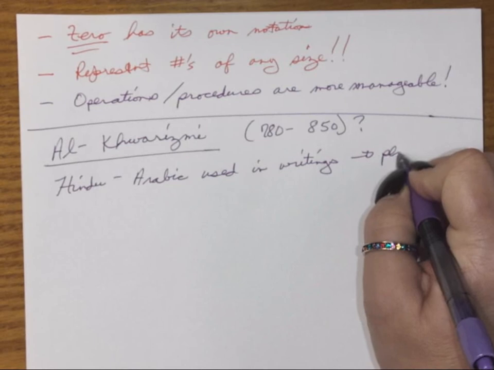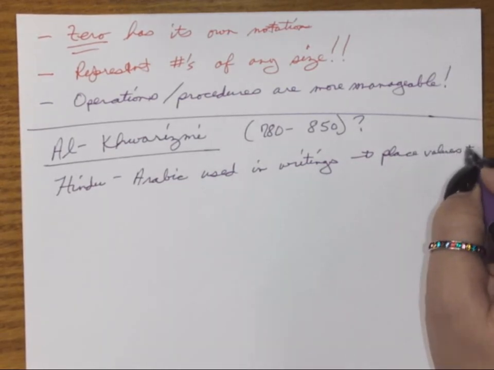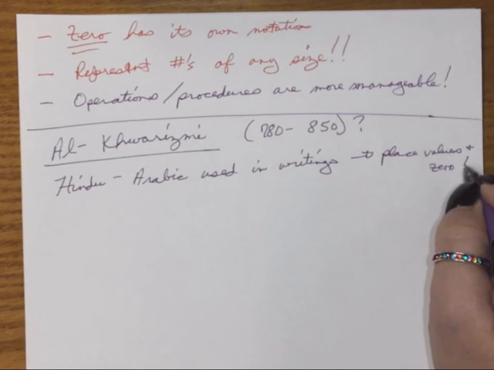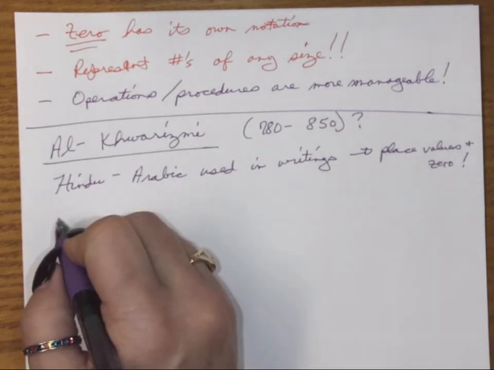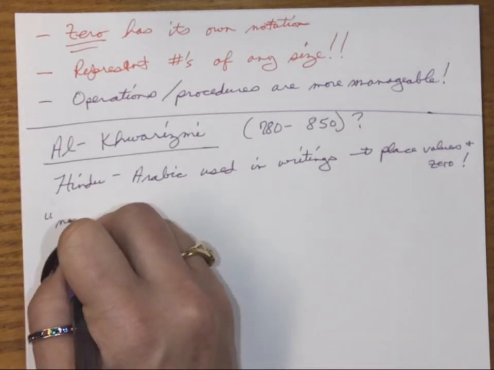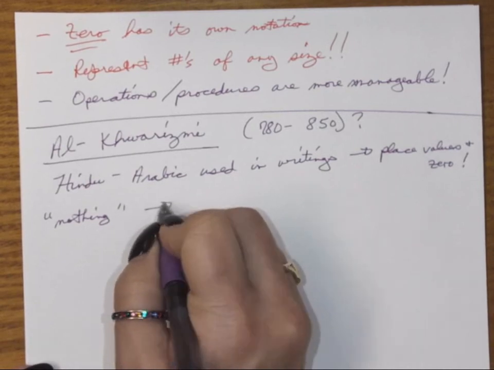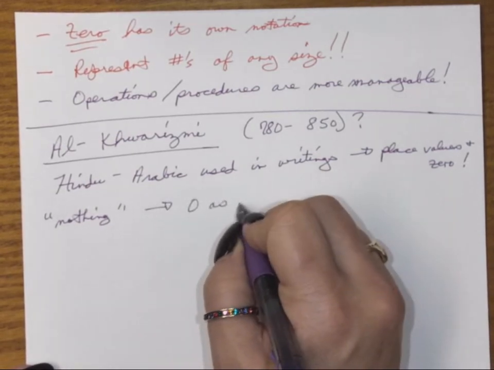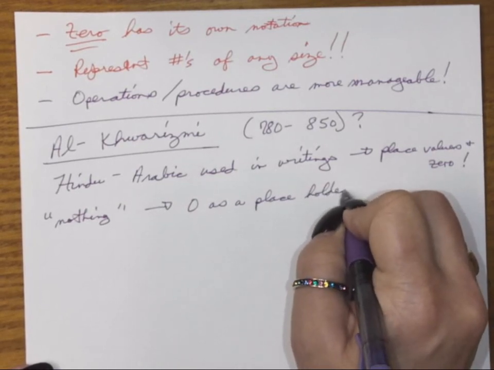So we know for a fact that he used it, and he used the place values, and he used 0. So this is awesome for us. In his writings, he talked about the concept of nothing, which seems like whatever, but back then, 0 as a placeholder, again, kind of a novel concept.